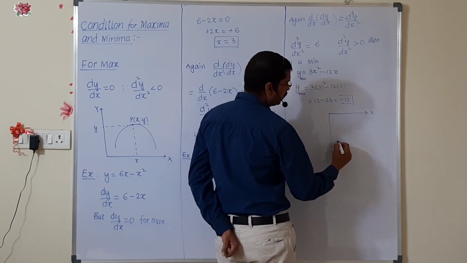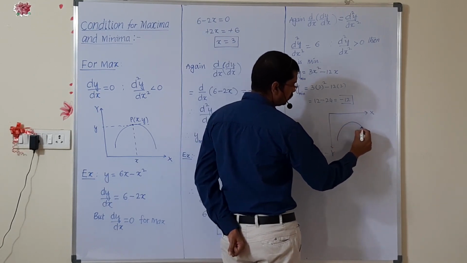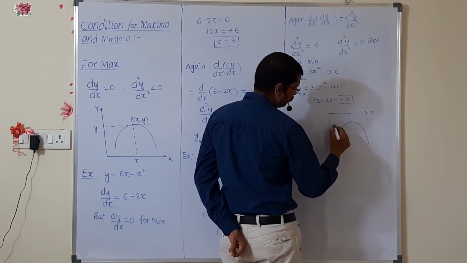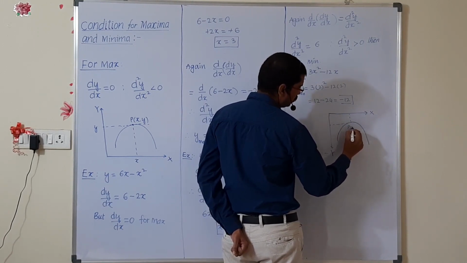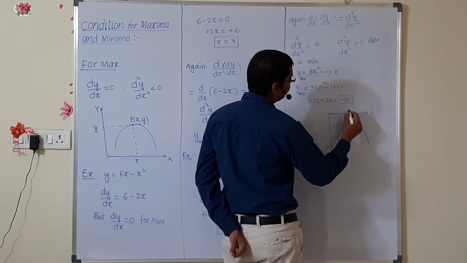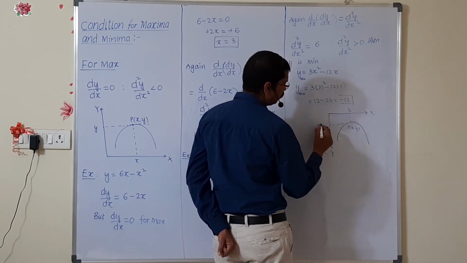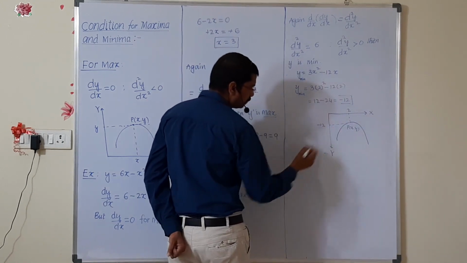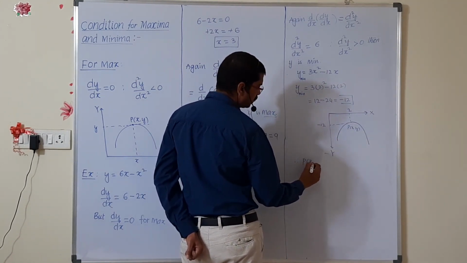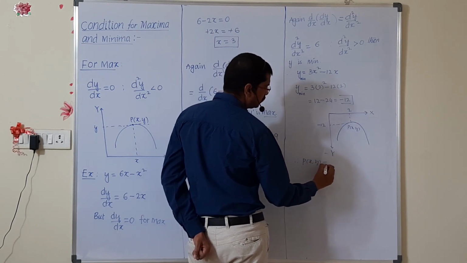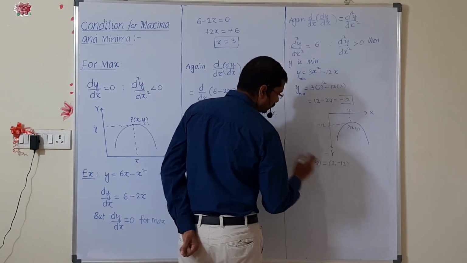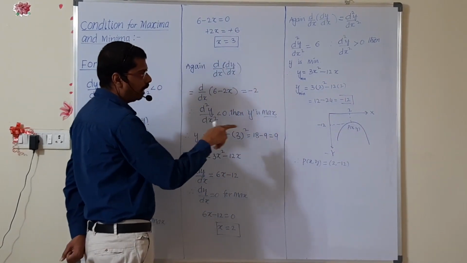Now if you take the minimum value, the graph is like that. This is the minimum value with point p equals x comma y, where x is 2 and y is minus 12. At this point, the minimum value, the point p is x comma y, that is 2 comma minus 12. This is for the minimum y values.